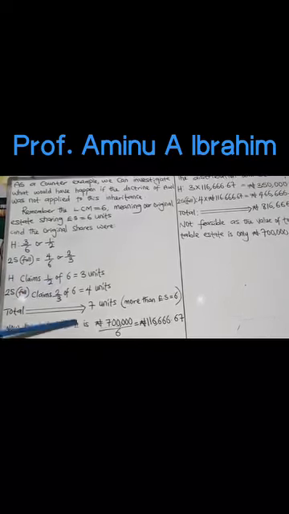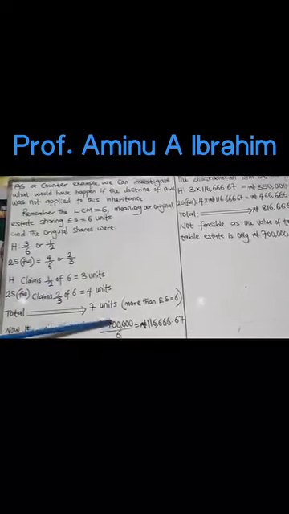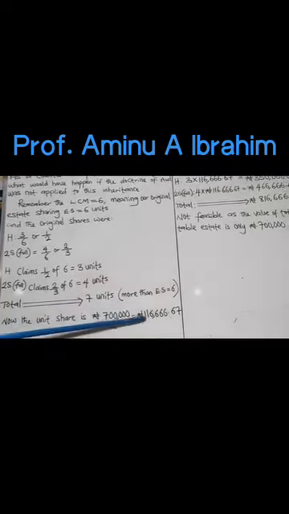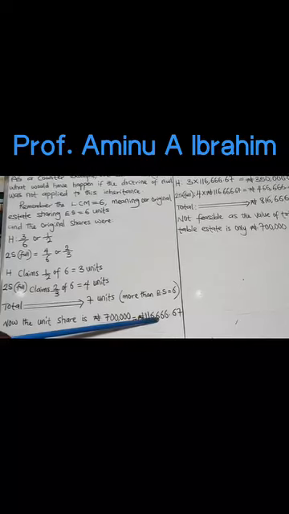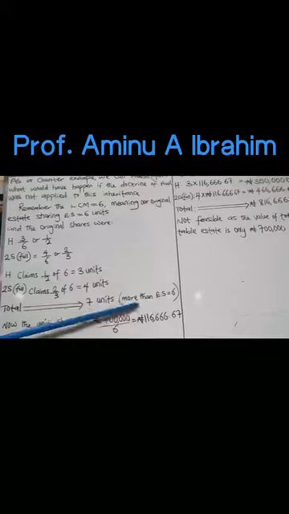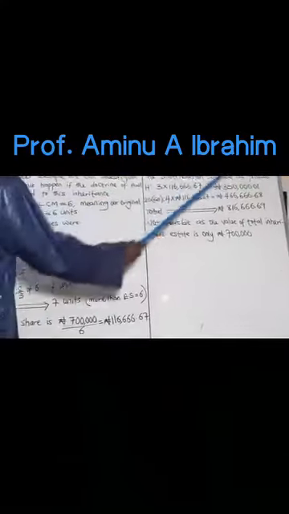Now, for the unit share, if you divide 700,000, which is the value of the bequeathed estate, by 6, the unit share is going to be 116,666 naira 67 kobo. Now the distribution will be as follows.